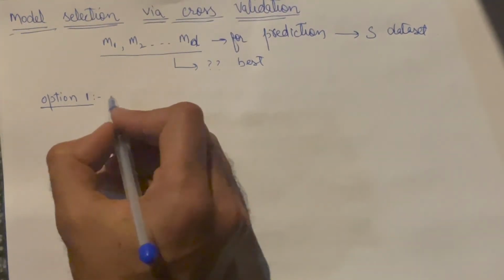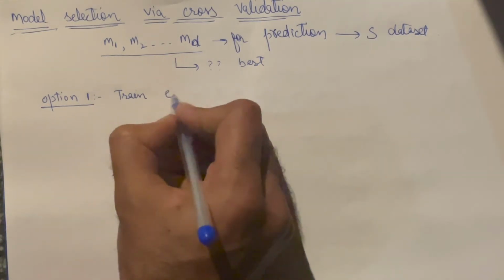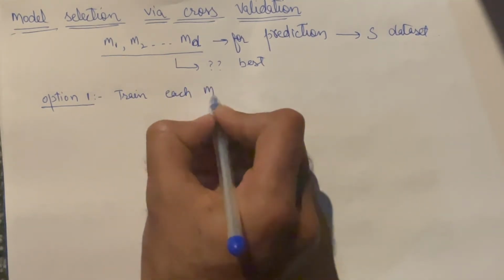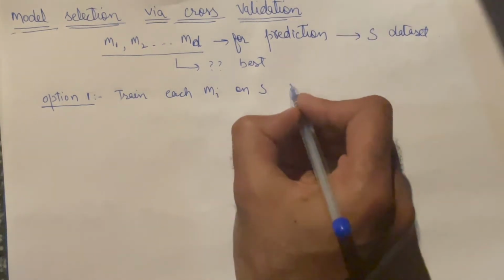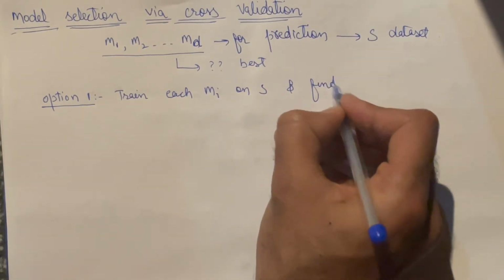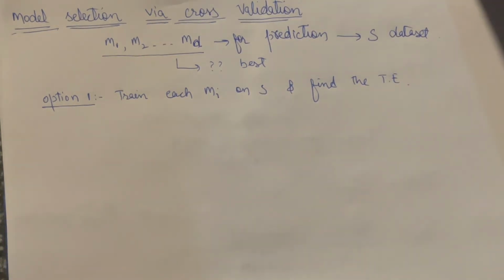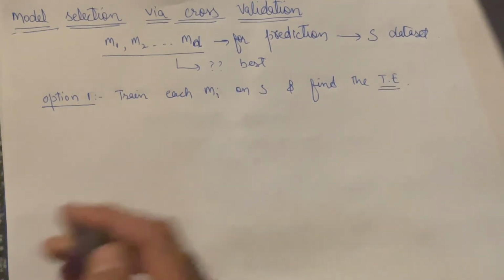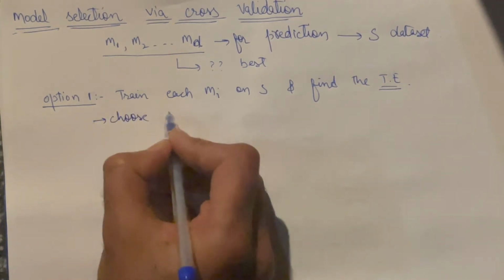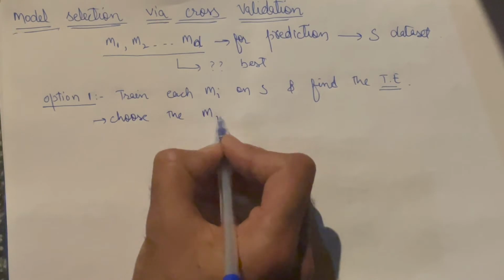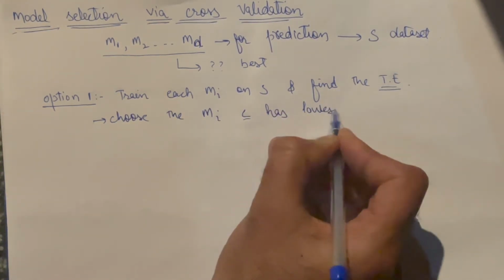Option one will be to train each model on S, on this data set, and find the training error of each model. Then choose the model which has the lowest training error.